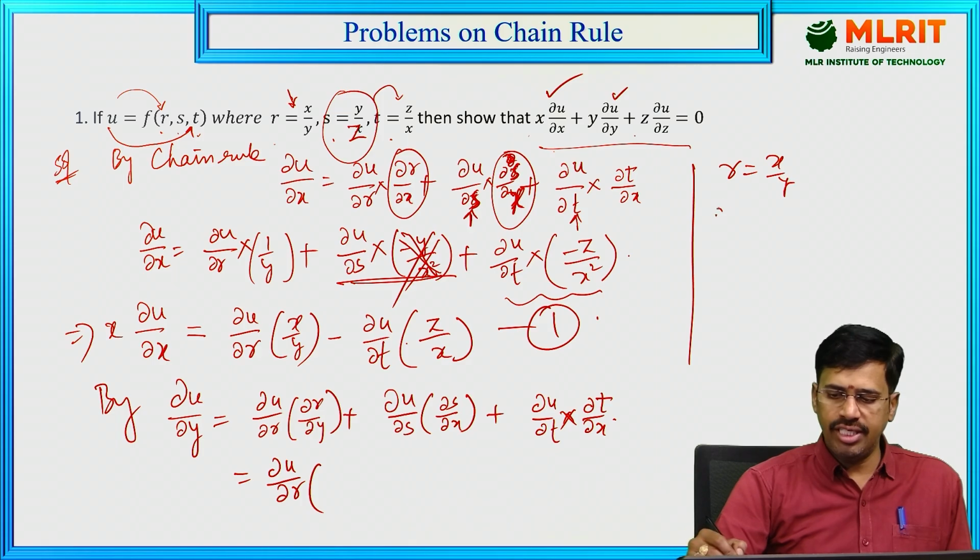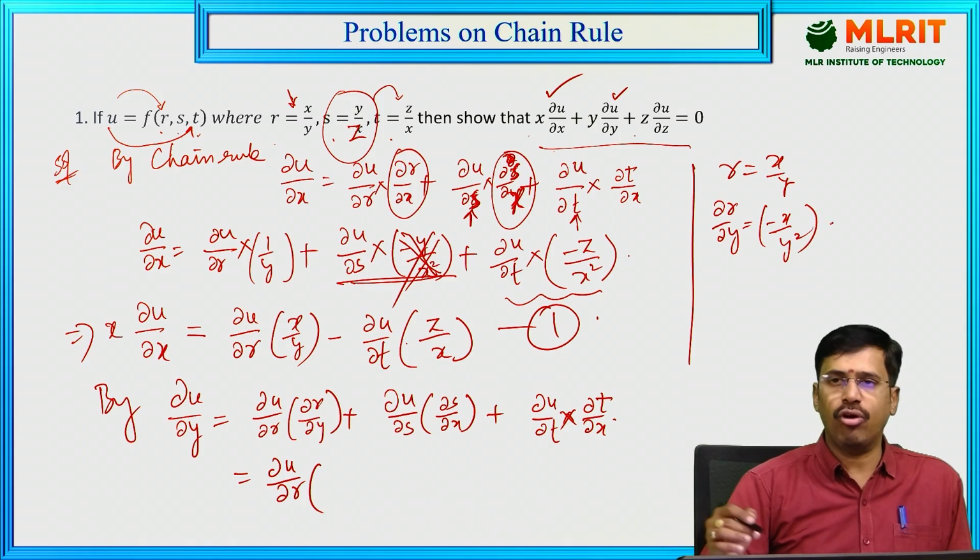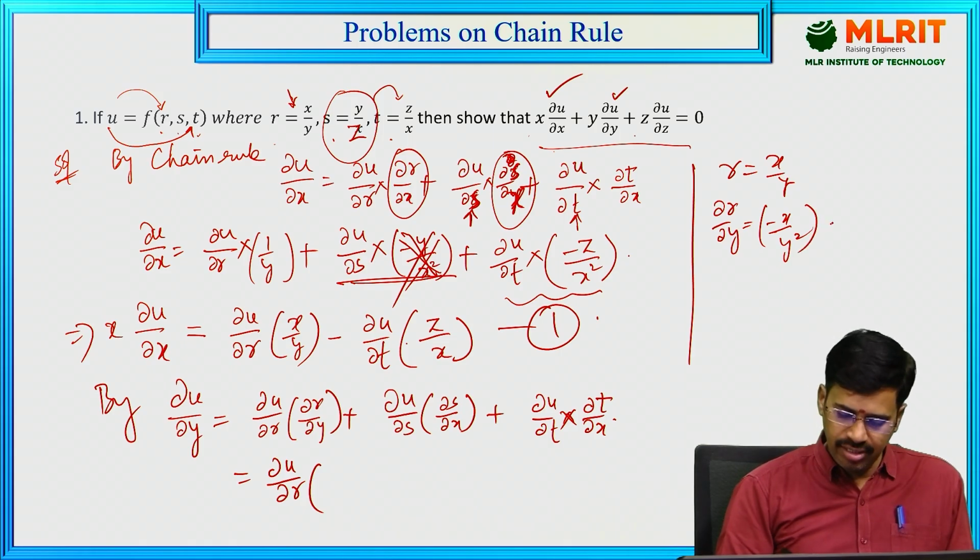You differentiate r with respect to y, so I'll be getting -x/y². Because x is constant, we have to write it as it is, -x/y².